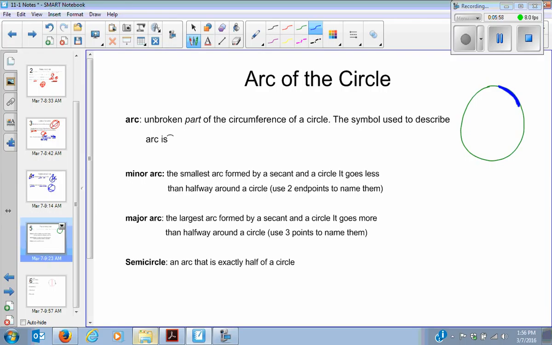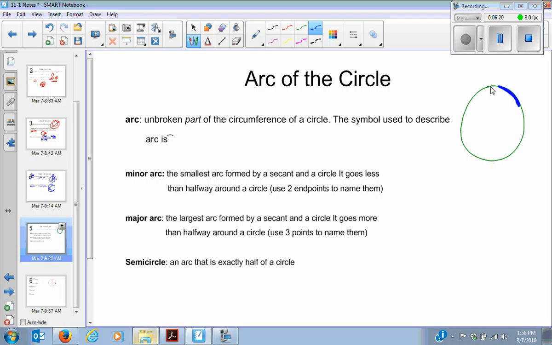Minor arcs are the smallest arcs formed by a secant and the circle. It goes less than halfway around, and you only use 2 endpoints to name it. The large arc formed by a secant and a circle, which is more than halfway, is called a major arc. So we have major arcs and minor arcs.